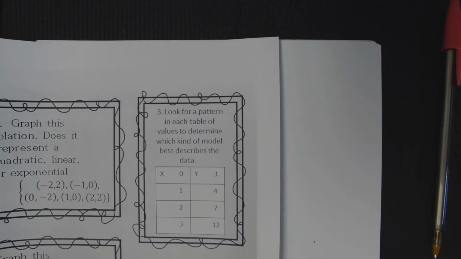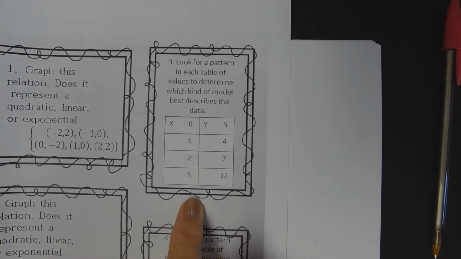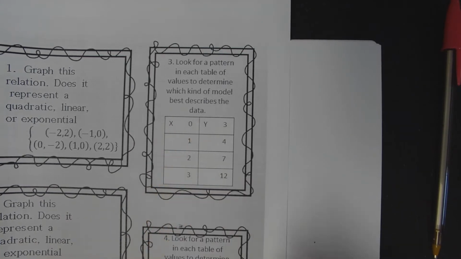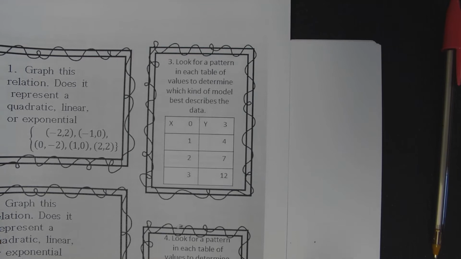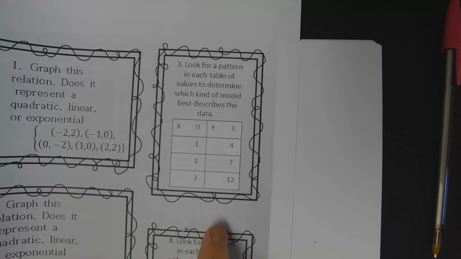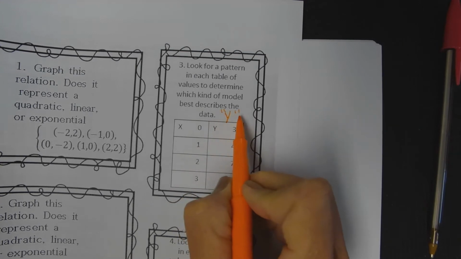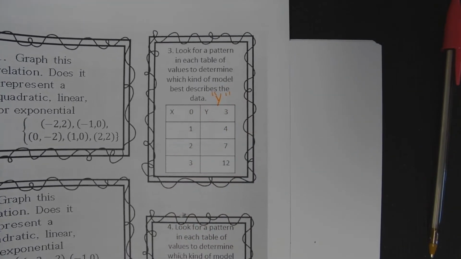By looking at the table, and it's not necessarily graphing because it doesn't say to graph, we need to look at it and say, is this quadratic, linear, or exponential? Well, that's where the rules come in. You have to look at the y's. The y's is all we're looking at. So let's look at number 3.